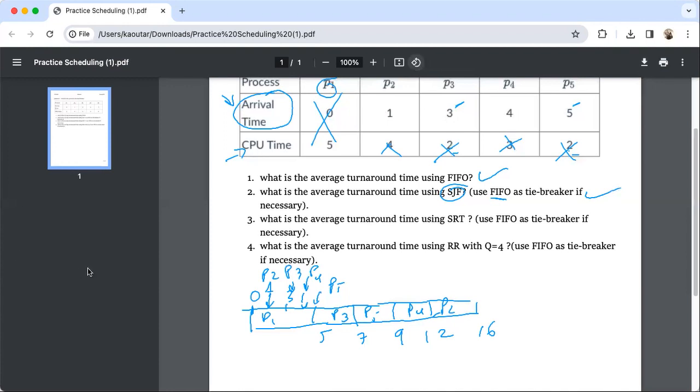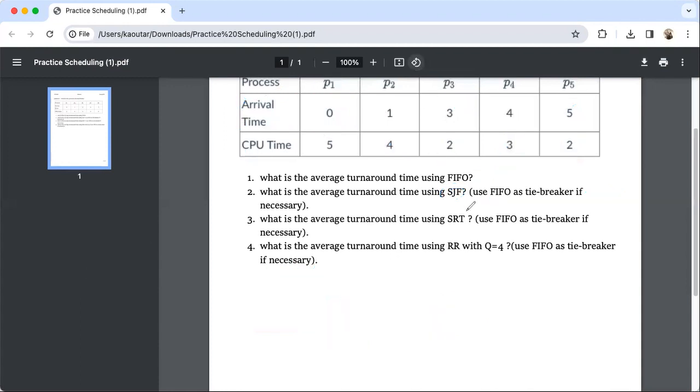So let me clear this, and now let's do shortest remaining time. So shortest remaining time now is a preemptive algorithm, okay? Meaning we do have the ability to interrupt a currently running process. And so at time 0 again, right, I have P1.